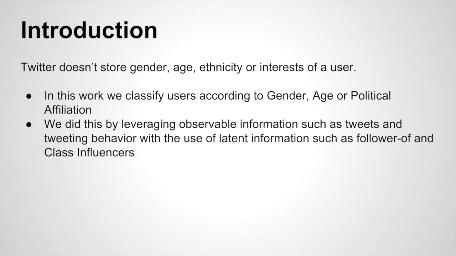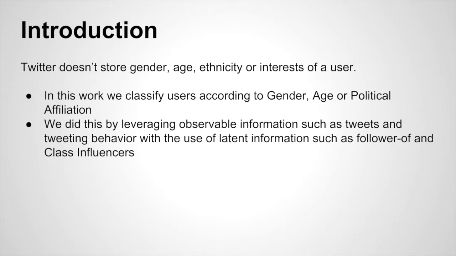We used observable information such as tweets, which include language-based features and tweeting behavior, with the use of latent information such as what kind of celebrity this user follows and what kind of users on Twitter influence his class.